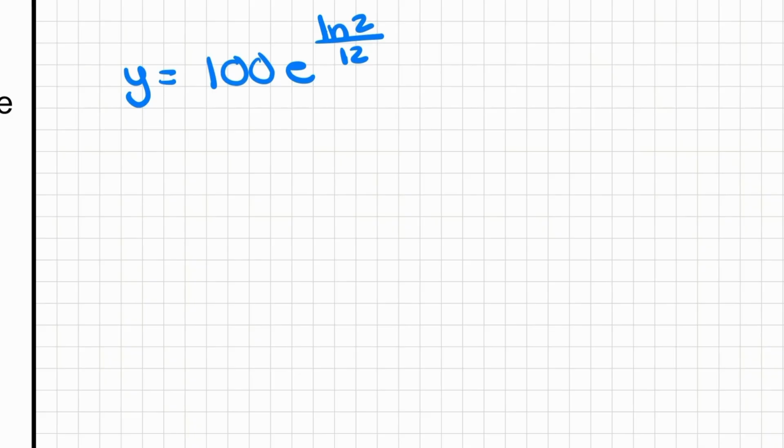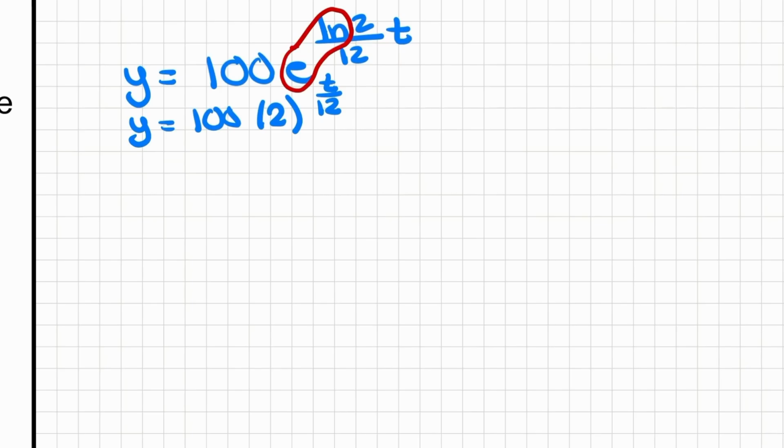Y equals 100 E, now raised to the power of ln of 2 over 12 times T, because it's T that we're trying to solve for. Now remember, this E and this ln are going to cancel each other out. They are inverse. So we end up with Y equals 100 times 2 to the power of T over 12.